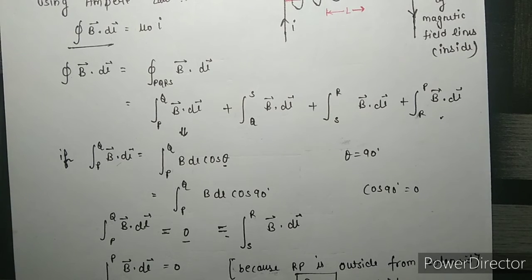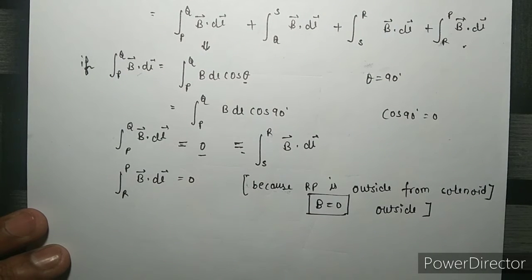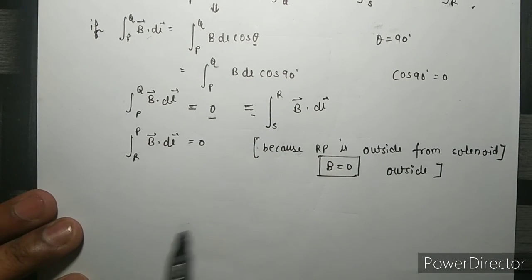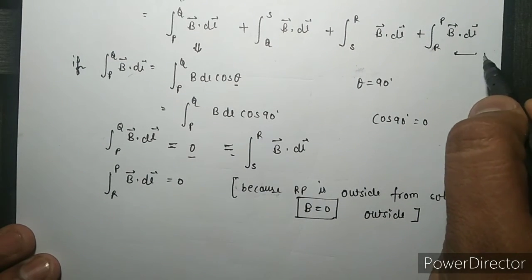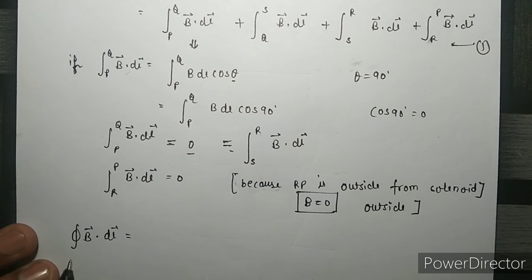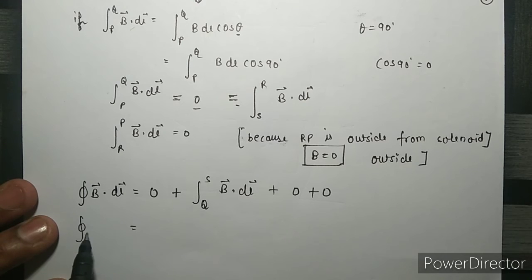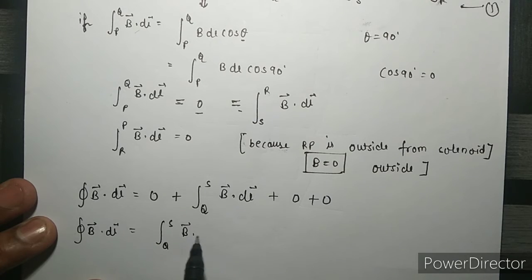Putting these values in the equation, the first is 0, the second is Q to S of B dot dl, the third and fourth are 0. So the closed integral of B dot dl equals Q to S of B dot dl.